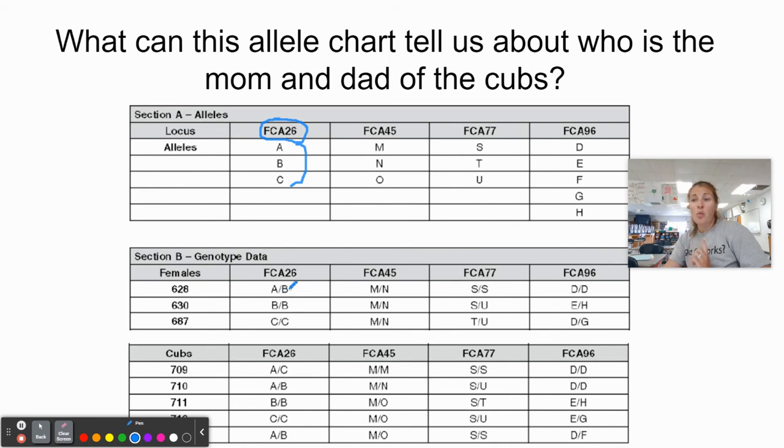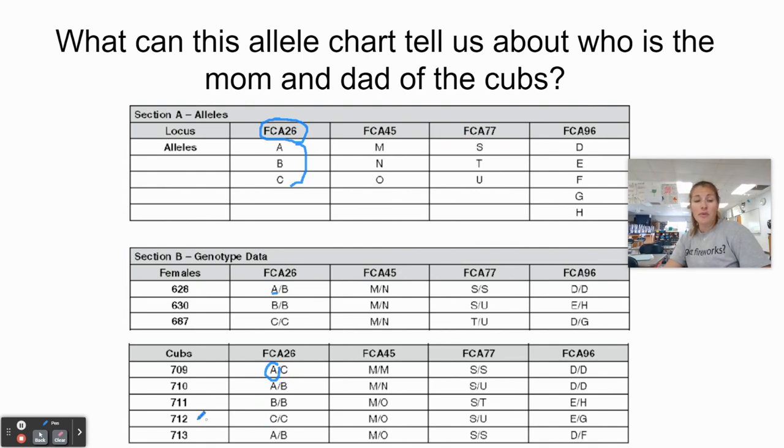She passed on one of these alleles to each one of her cubs. If we look at all of these lion cubs down here, cub 709, for example, has allele A. So this cub could be the cub of 628 because they're matching for that A allele. If we go down to 710, she also could be the mom of 710. She could have given either the A or the B to 710.